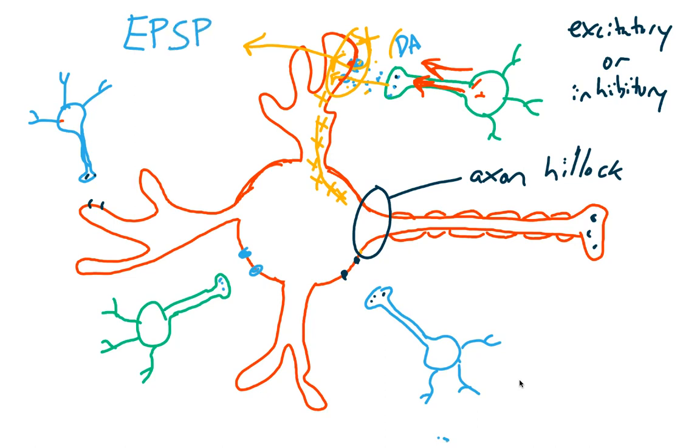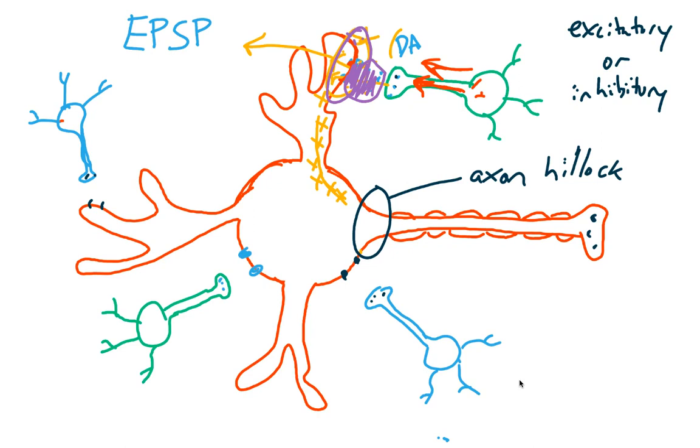post-synaptic potential. So let me grab a different color here. What I'm saying is that in this space, so this is our synapse, this space is our synapse. And as this neurotransmitter passes across this gap, it is acting post-synaptically.